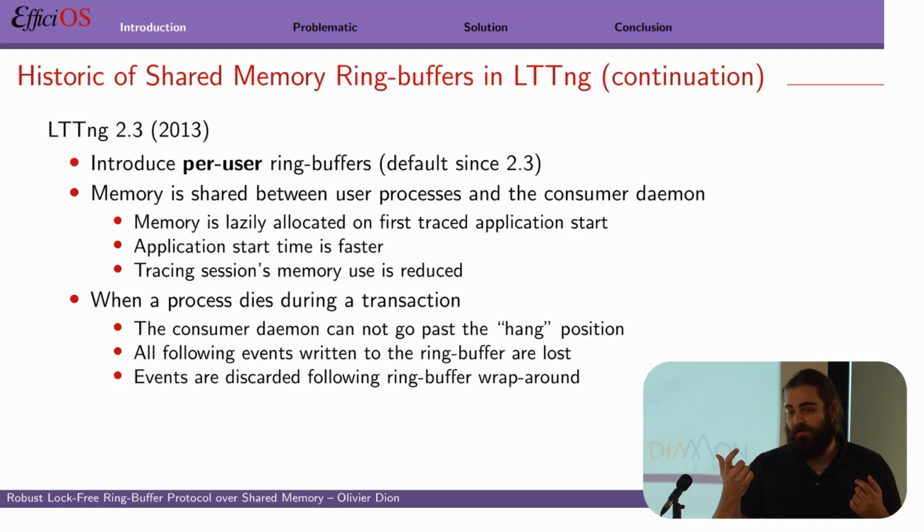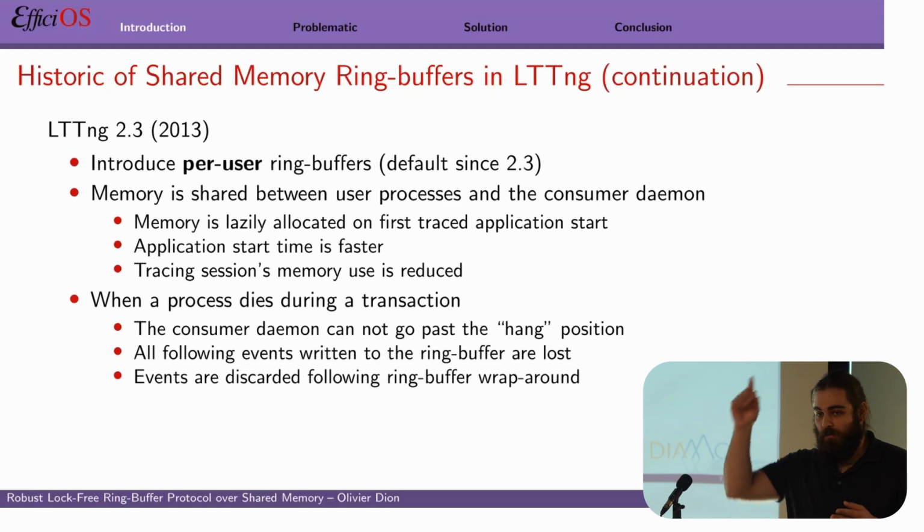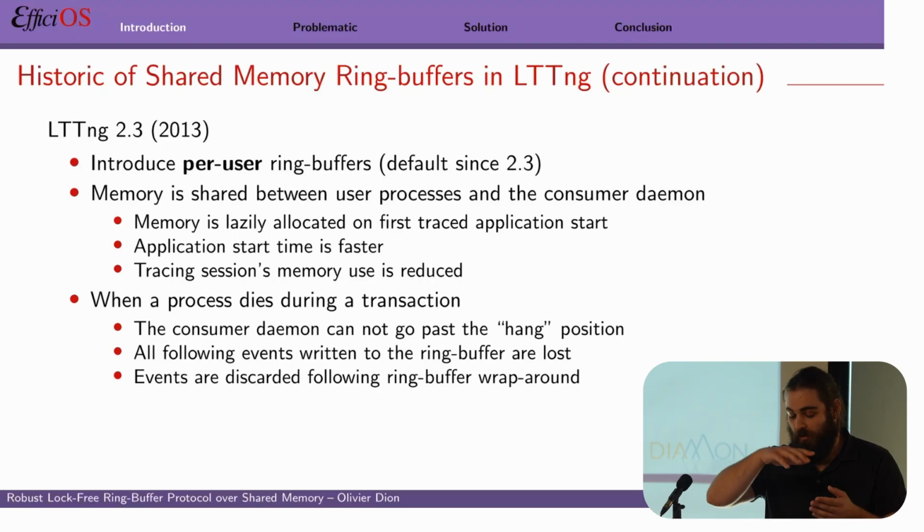If the producer died during the process of writing an event, the consumer position could not pass that position. And so every event past that position is basically lost. They can still be written to this ring buffer, but they're not getting consumed. And if the producer wraps around the ring buffer, every event is discarded by default. So nothing is getting written anymore to the ring buffer, even when you wrap around.